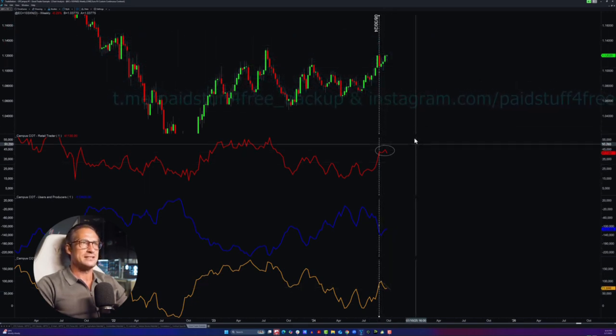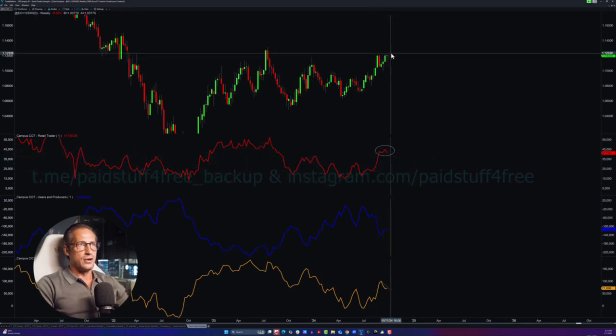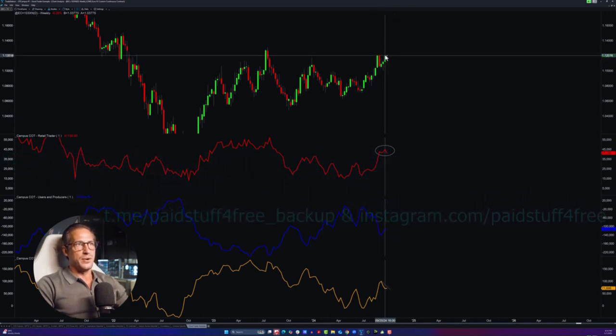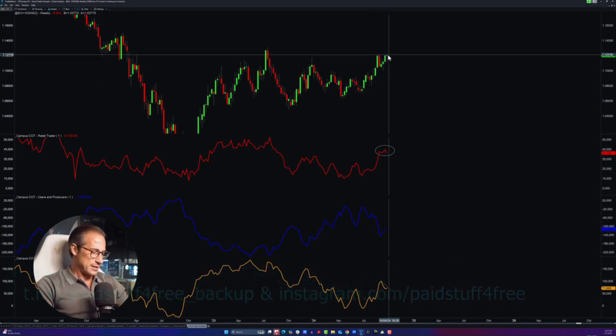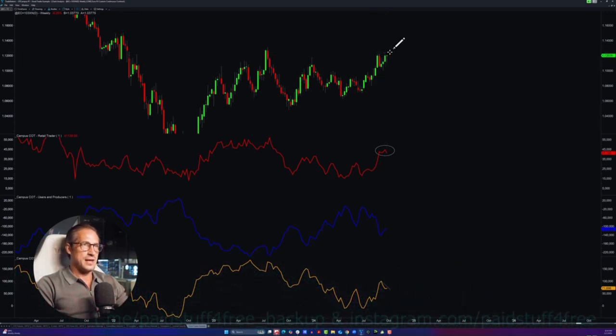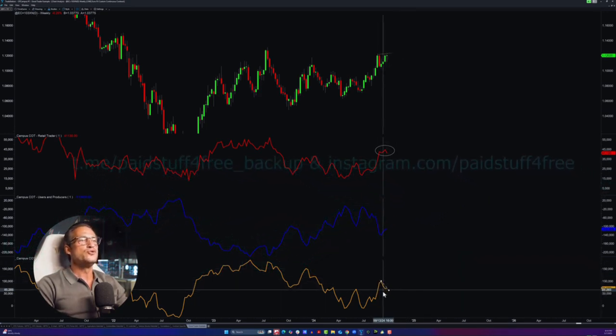It's already setting up. Price is attempting, or even you see that here, price actually made already a new high. But the fund managers, they didn't make a new high. They actually made a new low.